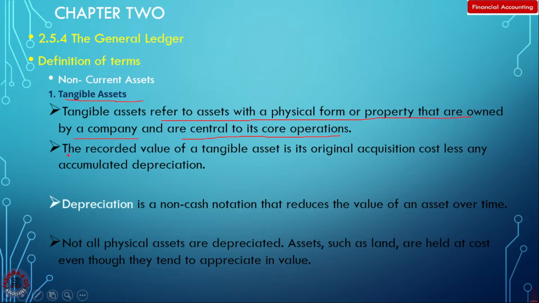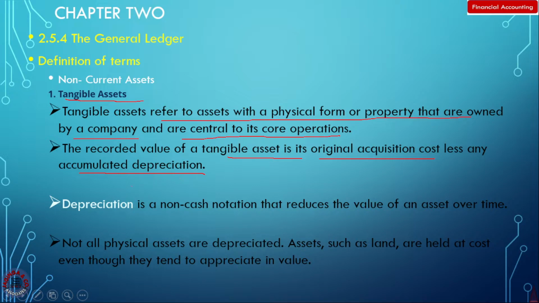Again, the recorded value of tangible assets is its original acquisition cost less any accumulated depreciation. So when you buy a vehicle or furniture as an asset, you record it at the original cost, and then you net off the accumulated depreciation.